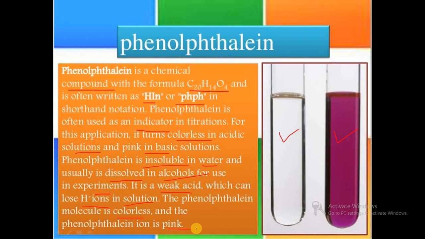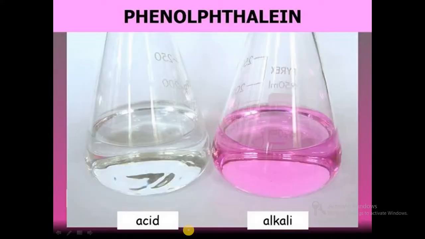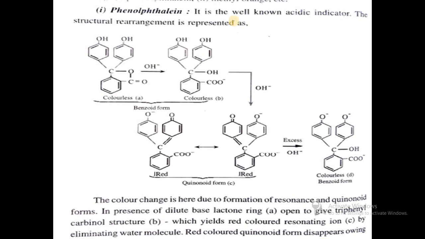In molecular form it is colorless, but in ionic form it is pink. So in acidic form it is colorless in case of titrations, and in basic form it is pink colored. So phenolphthalein is a well-known acidic indicator.